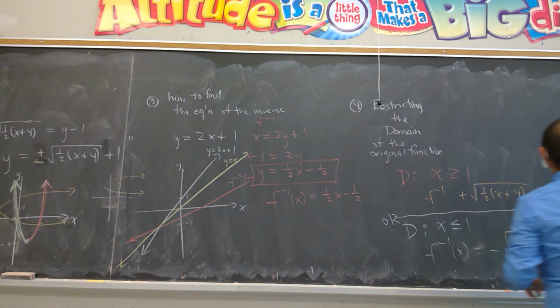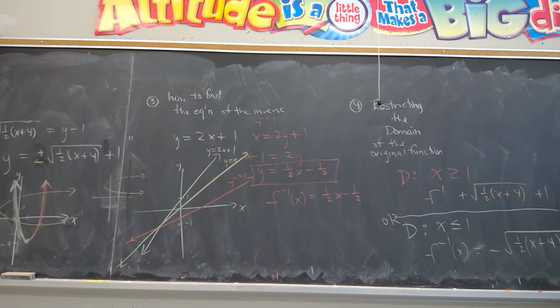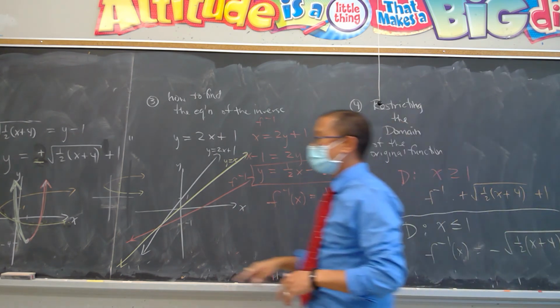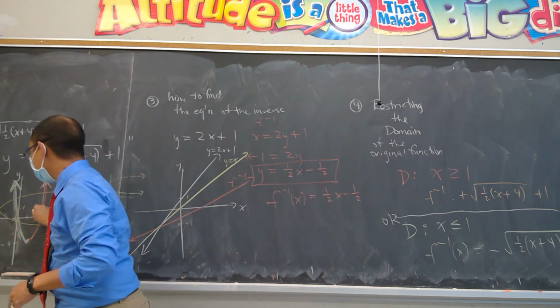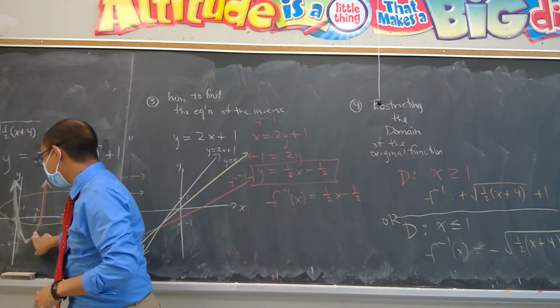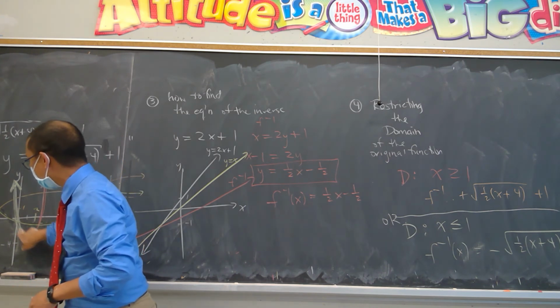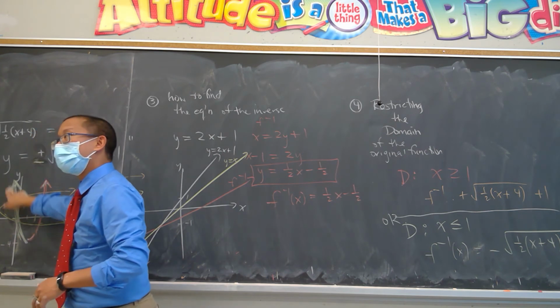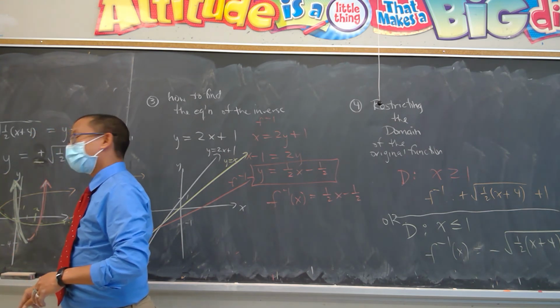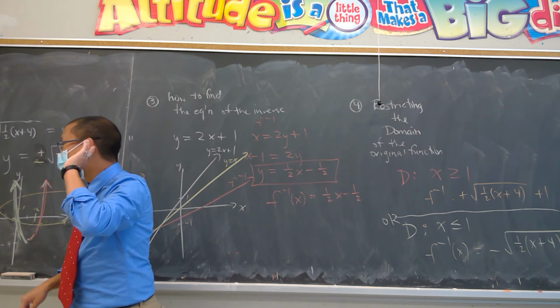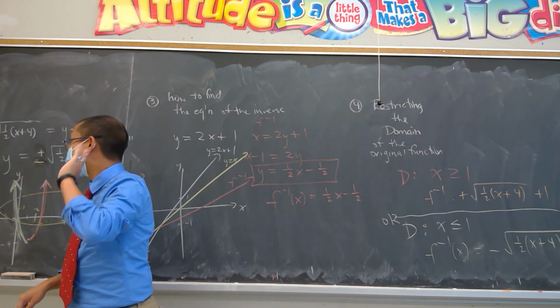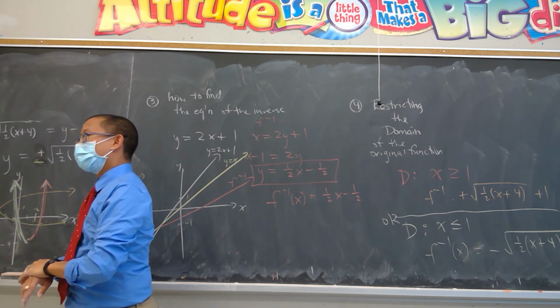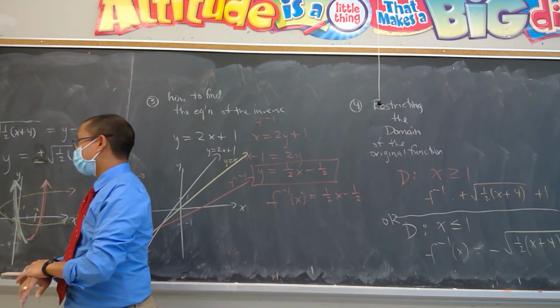So if I restricted the domain, let's say x is less than or equal to 2 for the original, and 2 is right here. And it corresponds to what I'm going to be tracing with my finger. It goes this way, right? That's less than 2, right? If it was that way, wouldn't that be like that root function that we're doing?